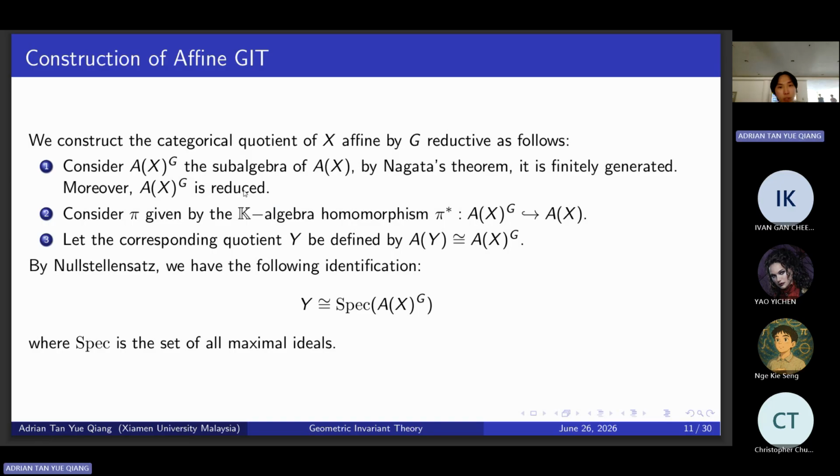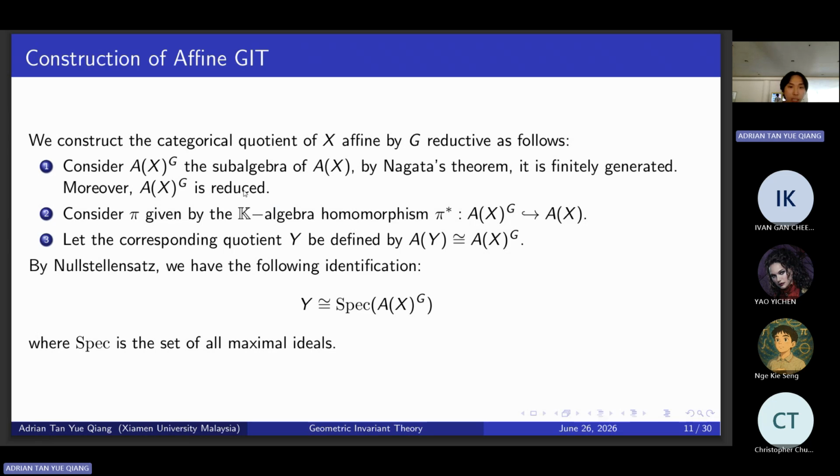So we construct the quotient of X, which is affine, by G as follows. We just take a look at the G-invariant coordinate ring. It is of course a subalgebra of A(X). If you add up G-invariant functions, it is G-invariant, and if you multiply by a scalar, it is still G-invariant, no problem. Okay? So by Nagata's theorem, we have this is finitely generated.